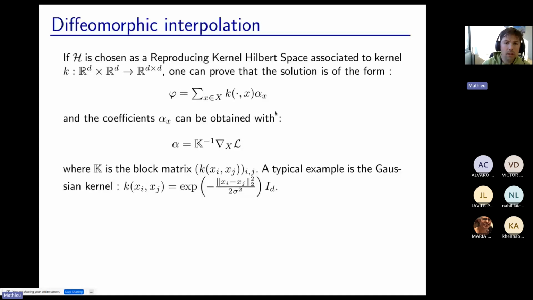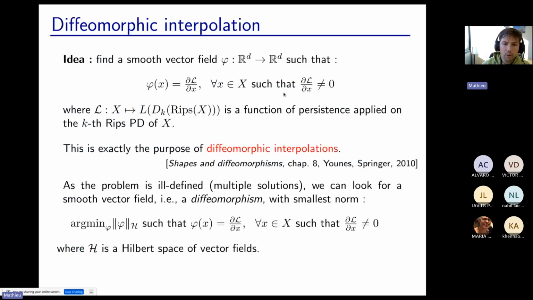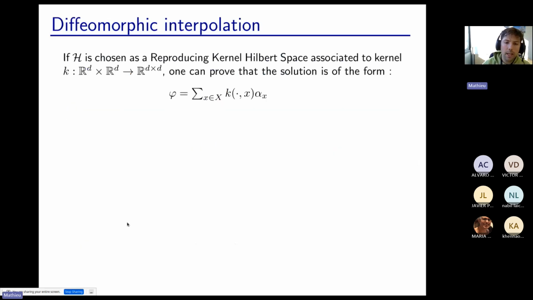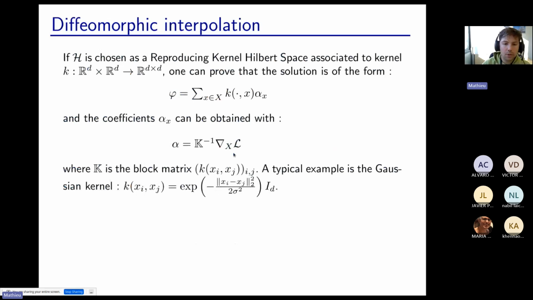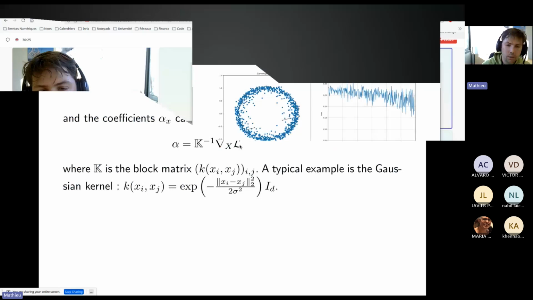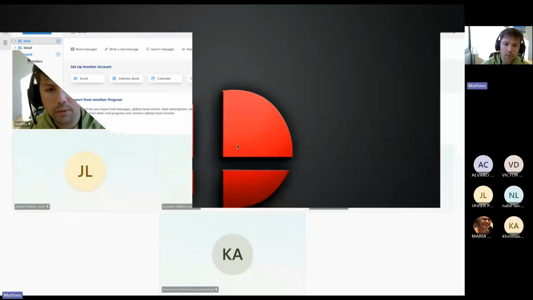Basically, you plug in the formula within the constraints and the norm, and obtain the coefficients just by this equation. You invert the kernel matrix and multiply that on the gradient. Remember, the gradient is your input. You want to find a vector field that coincides with the gradient.